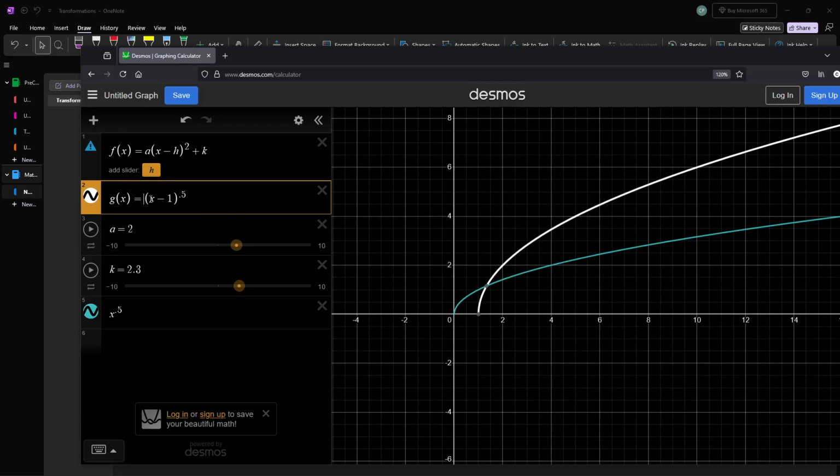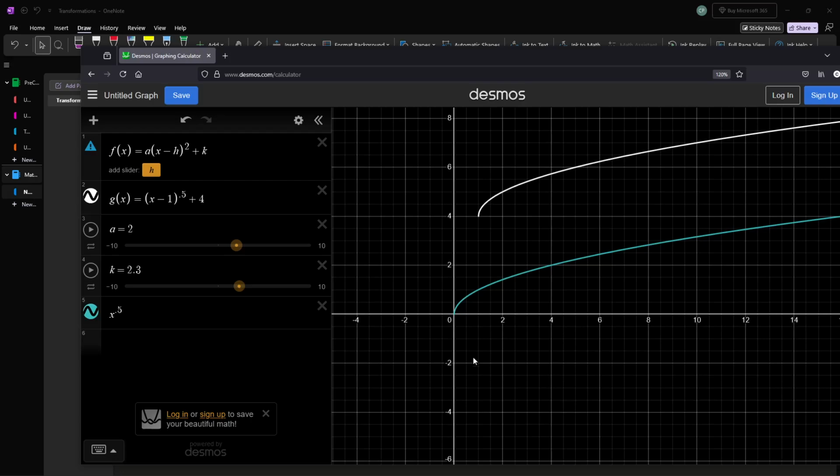Let's actually make this a bit simpler for now. So here we are. I started with the blue, the cyan, and now I want to end up at my white. What transformations happened to my graph?